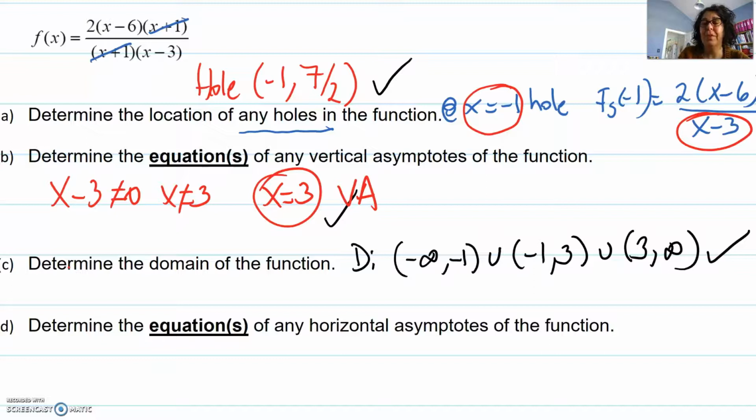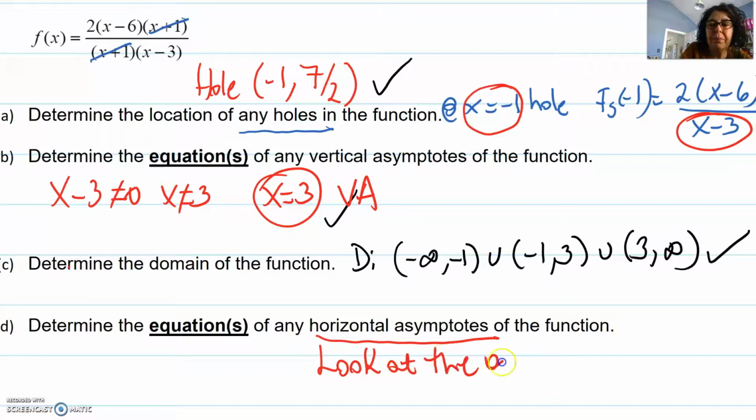Now, horizontal asymptote. For the horizontal asymptote, we're going to go back and look at the original function. Because we did have a simplification, things might be different.